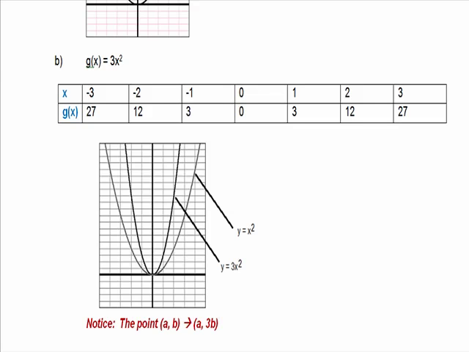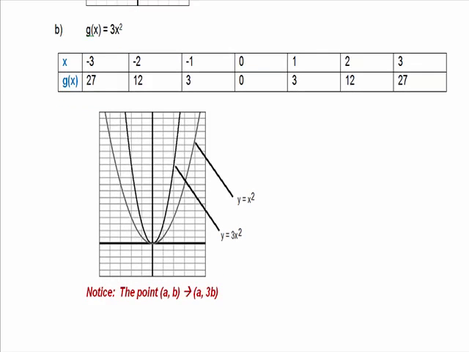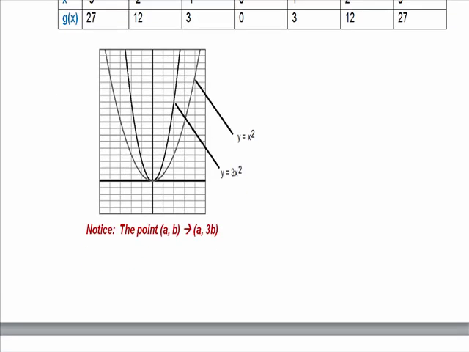So when I do these vertical stretches, and when I do the vertical compressions, the x's all stay the same, and the stretch or compression takes effect on the y's. In this case my original points (a, b) became (a, 3b); I multiplied each of the y's by 3.